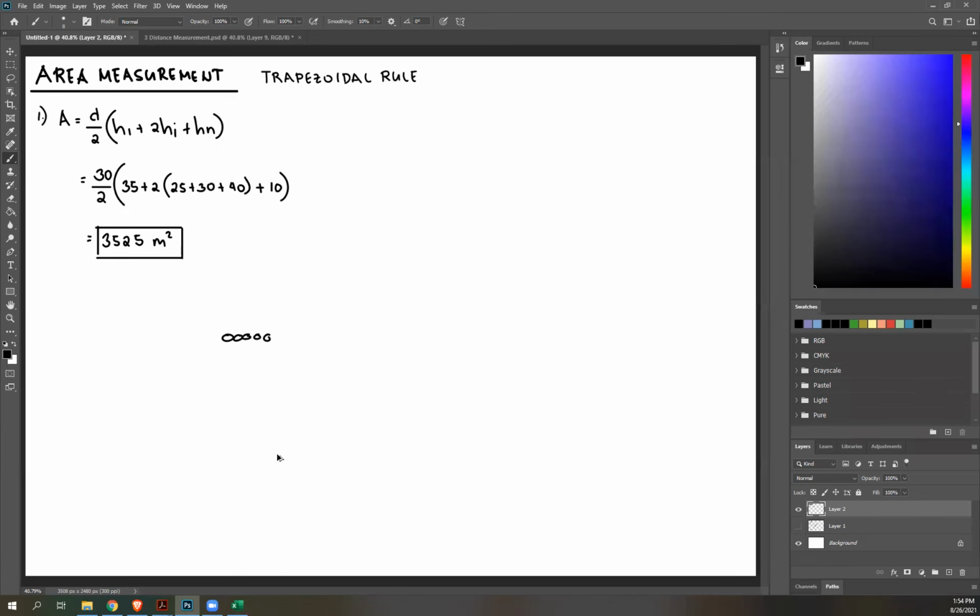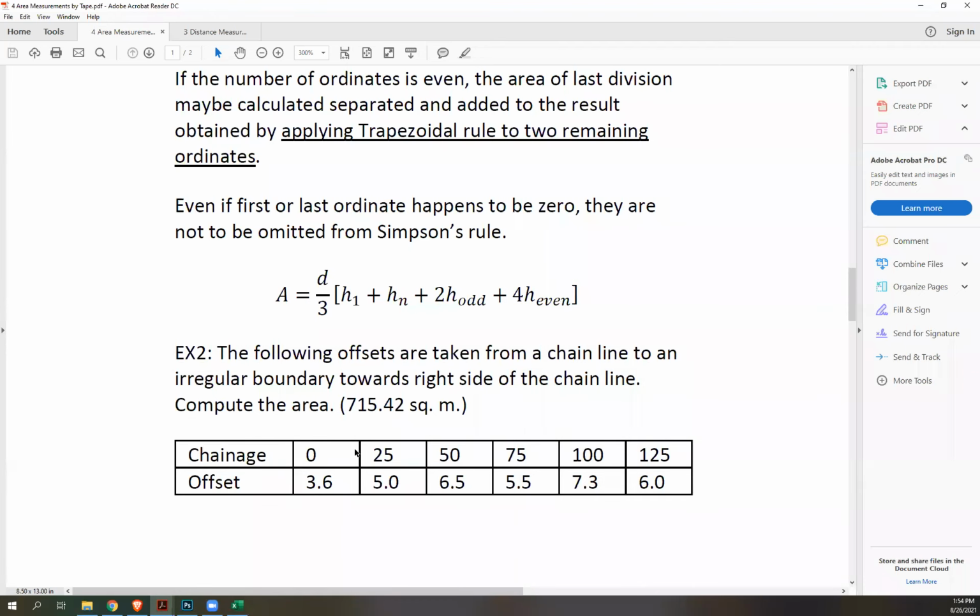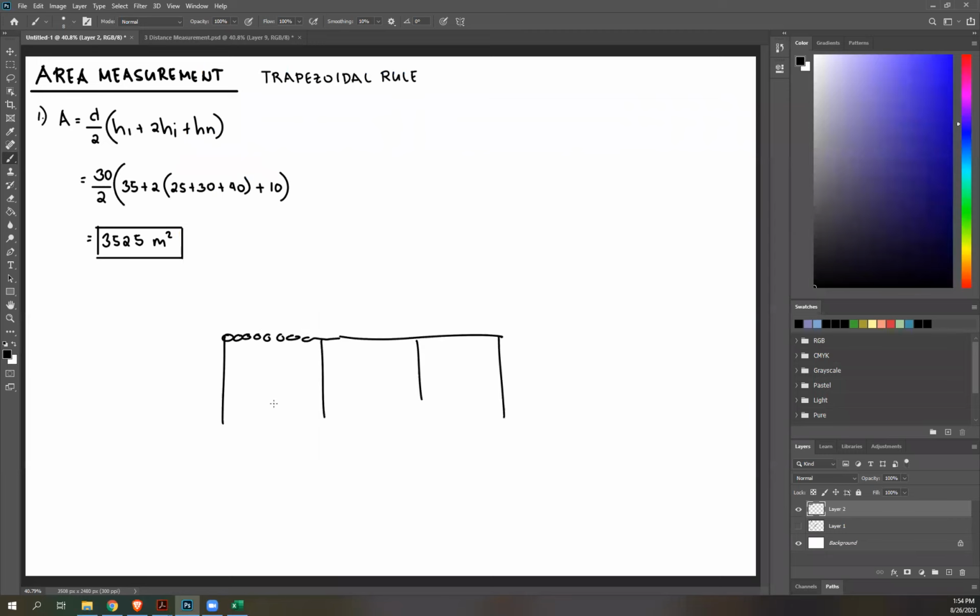That's what chainage means. At different points of your chain, these are your offsets: 0, 25, 50. If we draw that here, this would be the 0 mark, the 25 mark, the 50 mark of your chain, and so on.